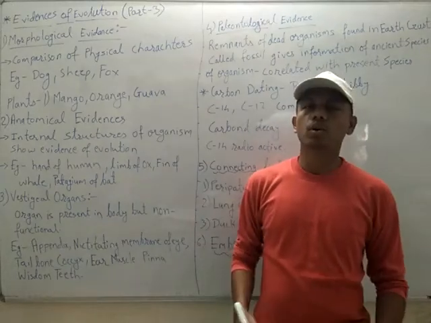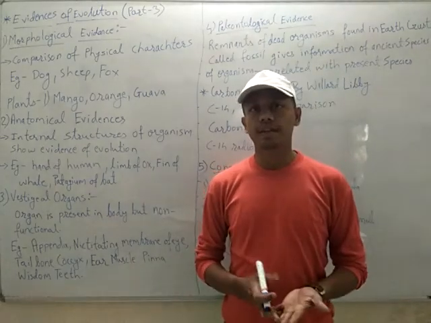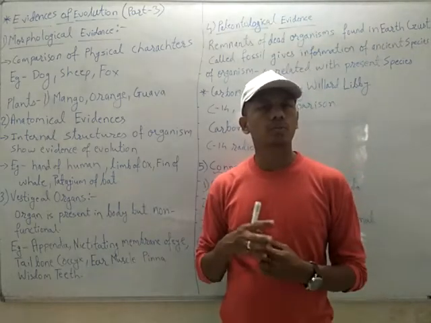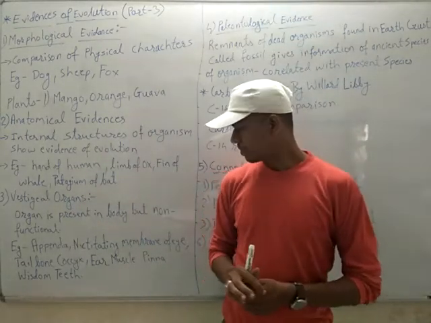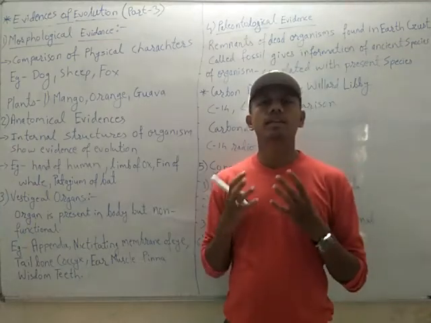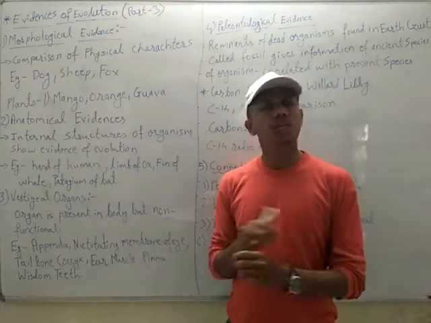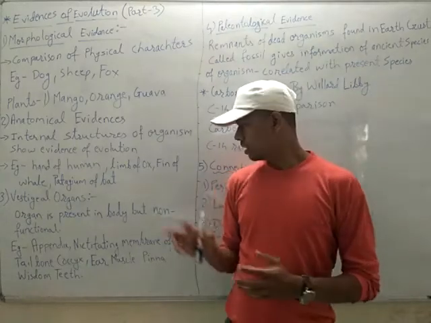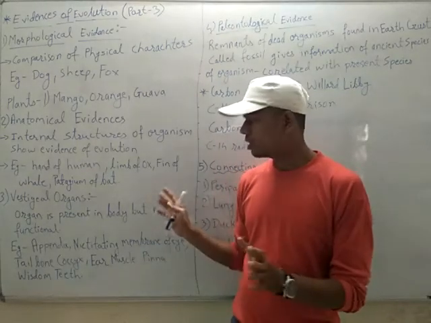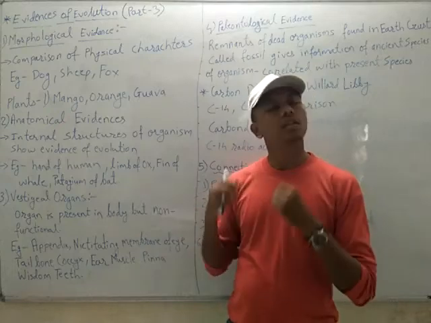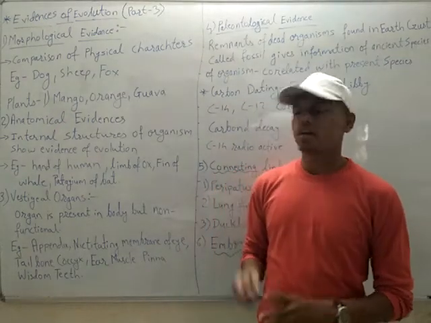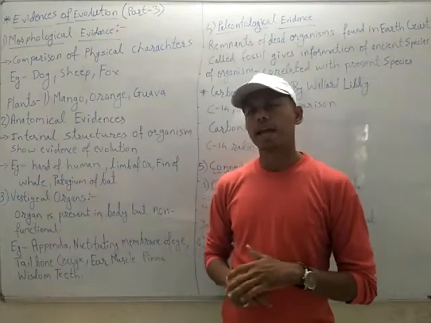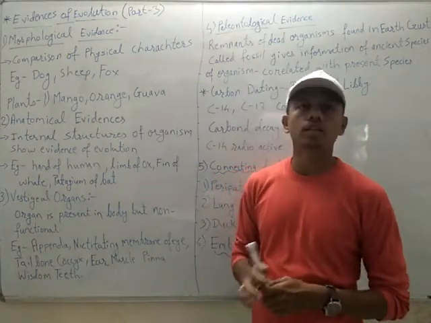And why are they non-functional? Because they are degenerated. Why are they degenerated? Because they are not used by the organism for many thousands of years. Due to that, the energy and the activity of that organ decrease to 0%, and if that organ is not used at all, then it starts degenerating, and once it starts degenerating, it decreases in size, and such organs are called vestigial organs.